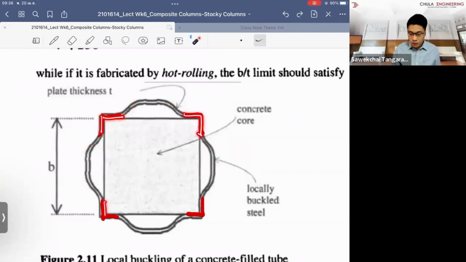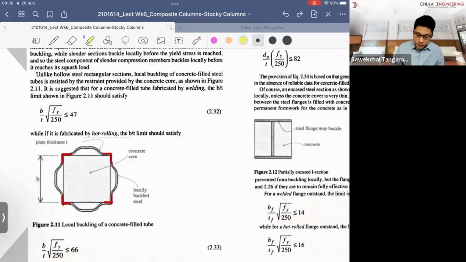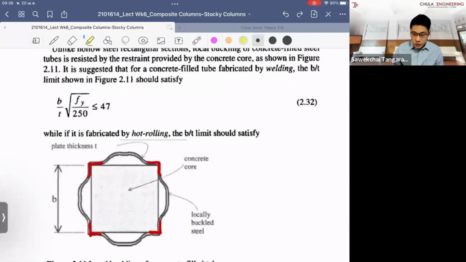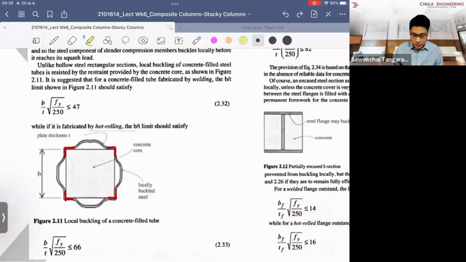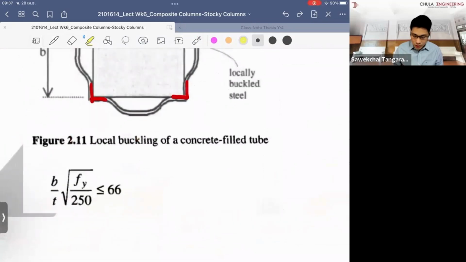So the one that I just put in the corners, this is the one we're looking at, right? They also say that the ratio they use to consider whether the section or some part of the section you're looking at buckles or doesn't is B over T, times the square root of Fy, which is the yield stress of the steel.